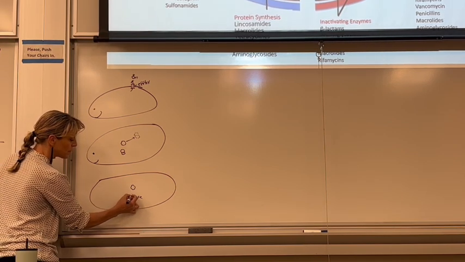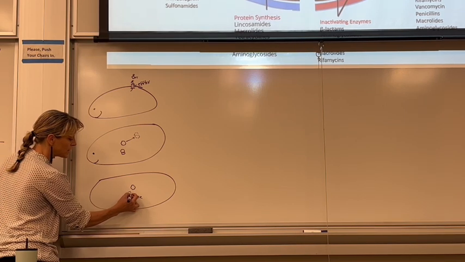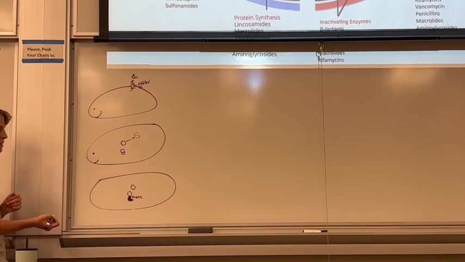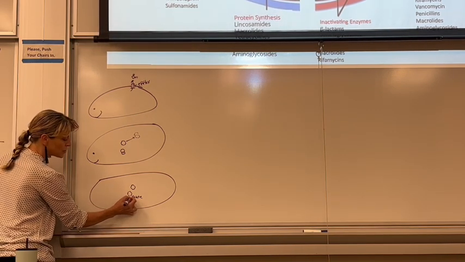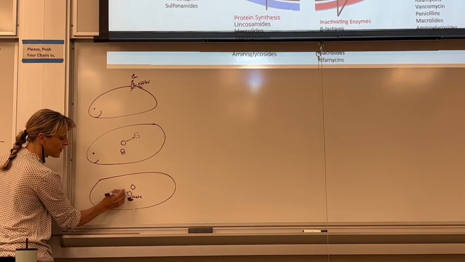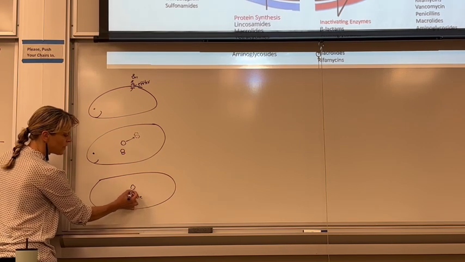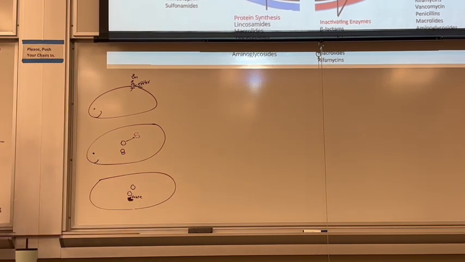So the sulfonamide binds to this enzyme that makes folate, but the enzyme's structure changes, and now the sulfonamide can't bind to that enzyme anymore. So it changed the target.